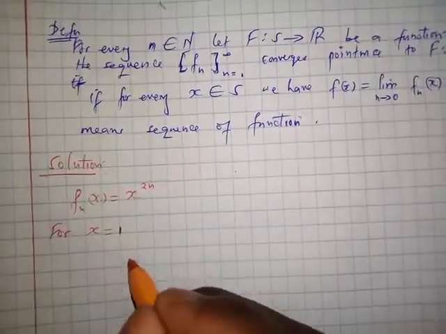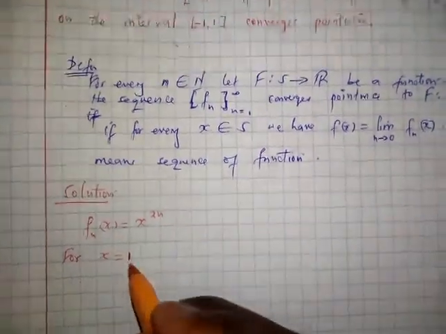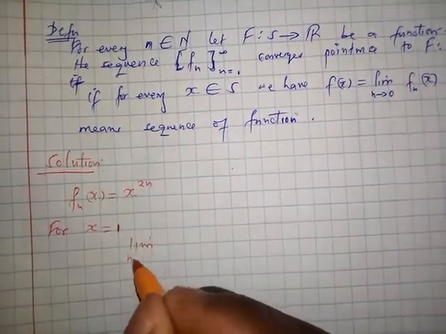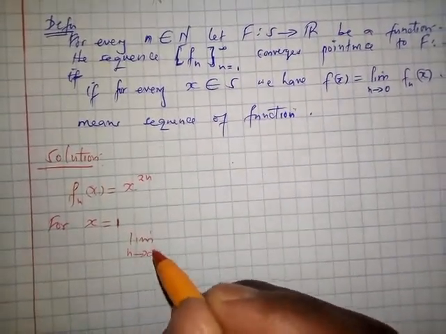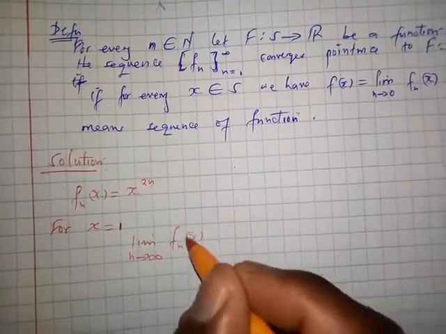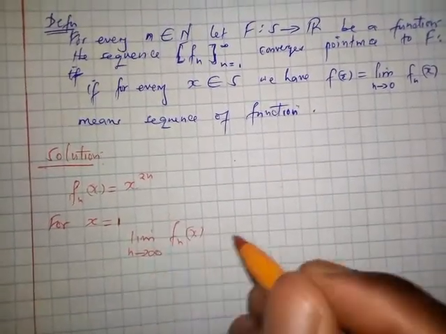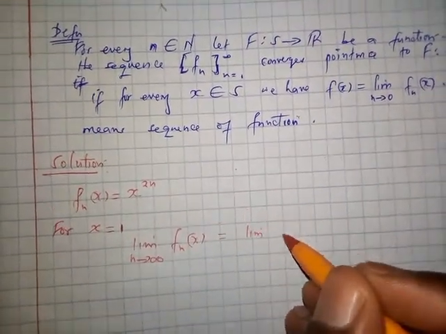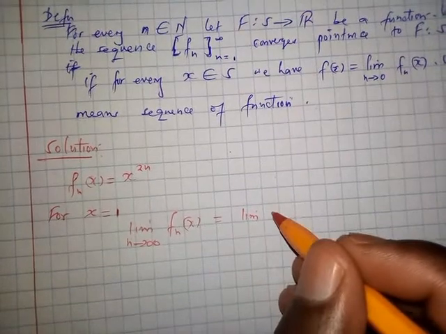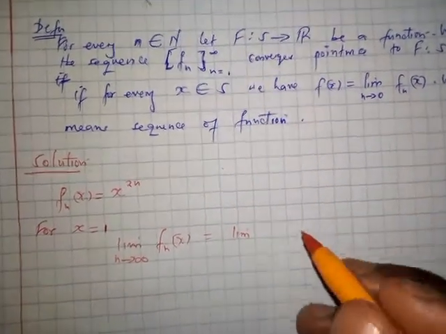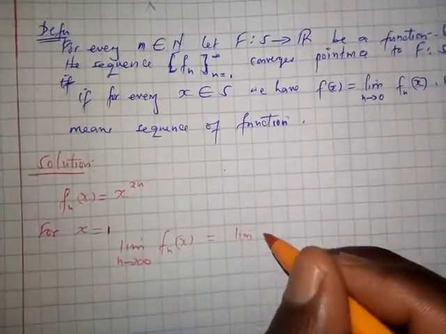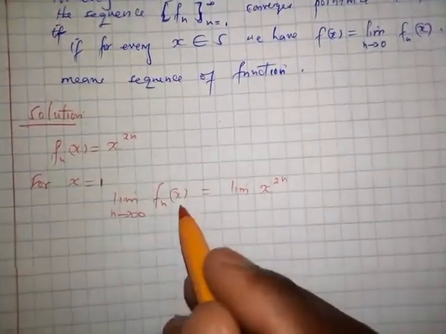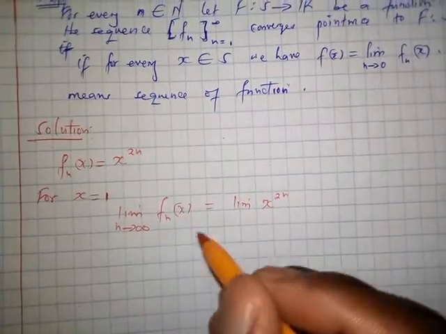So for x equals 1, the limit of f_n(x) as n tends to infinity is equal to the limit of x raised to power 2n.